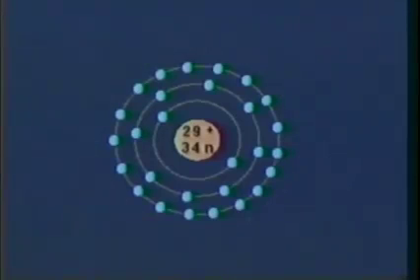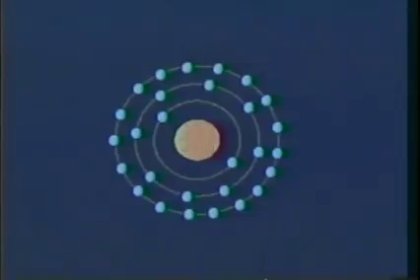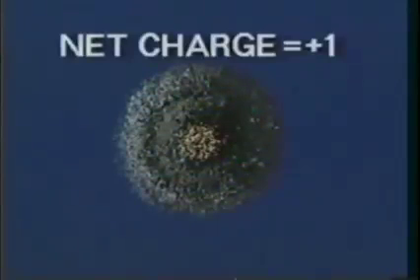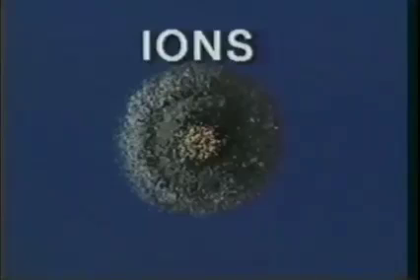It can therefore drift away until it comes under the influence of another nucleus. The atom now has one less electron than it has protons. Consequently, it is no longer neutral, but it has a positive charge. Atoms become ions when they become charged by gaining or losing electrons.